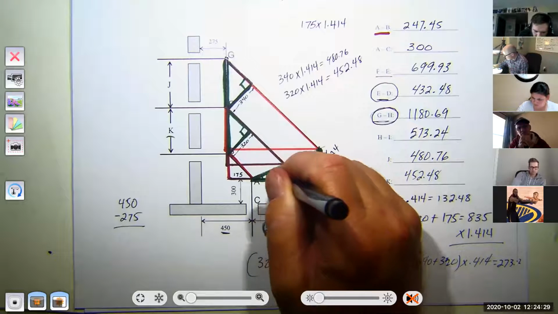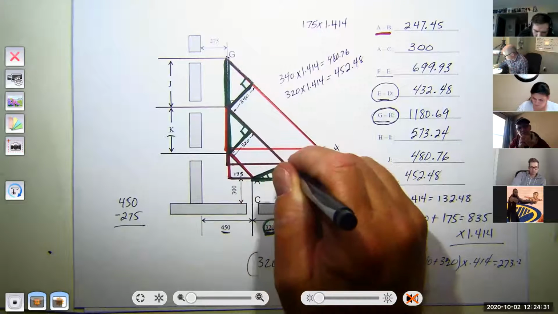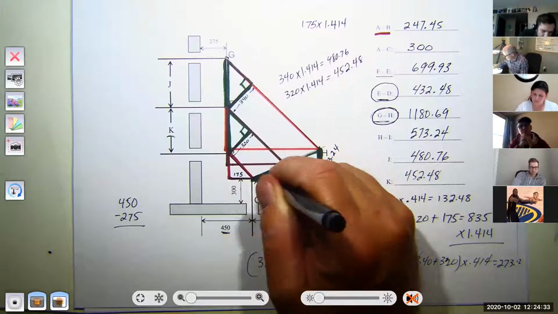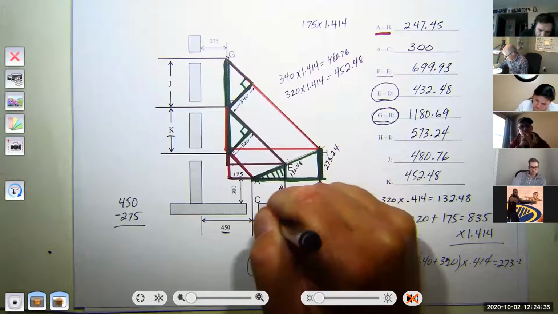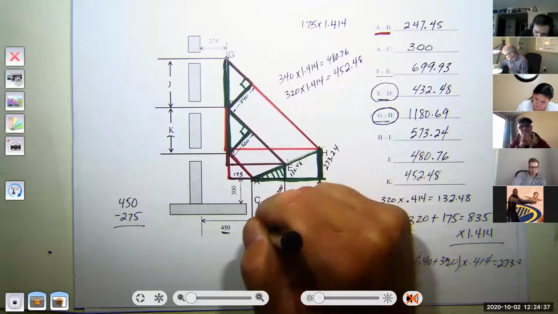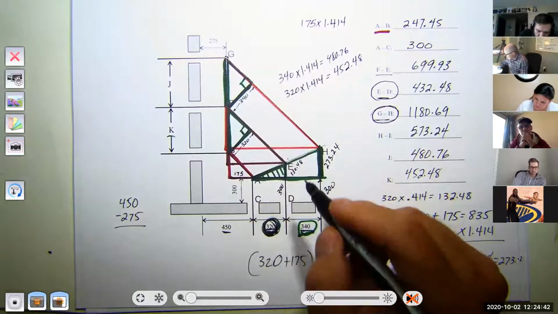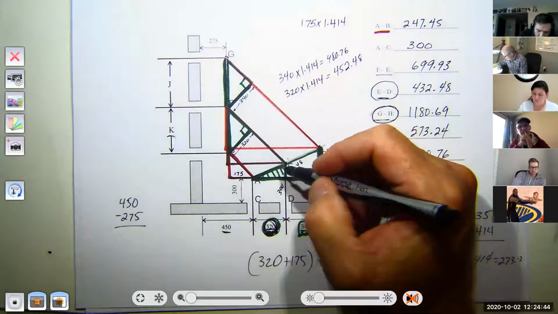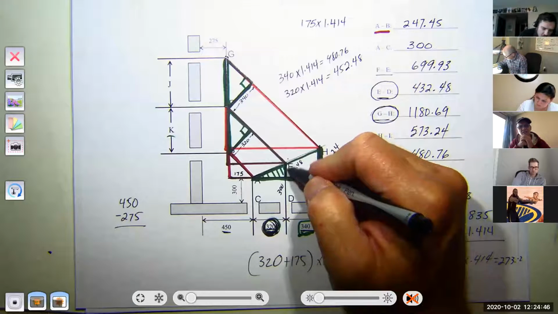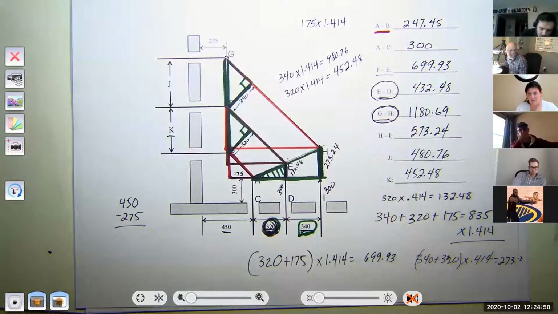This is the 22.5-degree right angle triangle. And this is the run. The run is this measurement, whatever that is. It doesn't matter what it is, but this number, this 320 times 0.414 gives me this measurement right here.